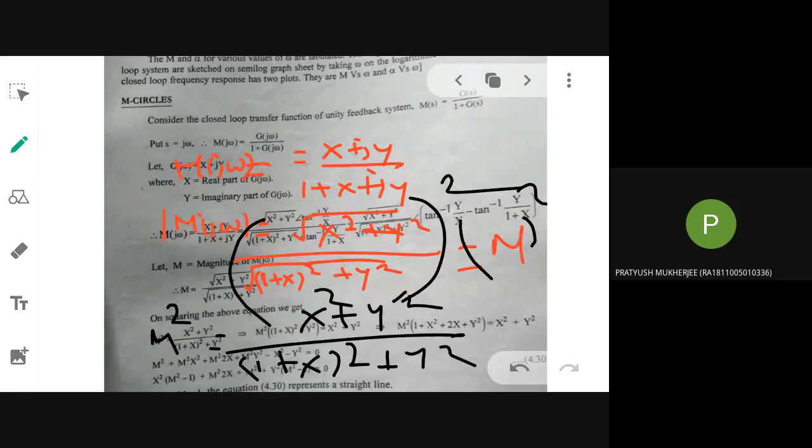This is the equation after squaring on both sides. Now, what will be the answer if you cross multiply?